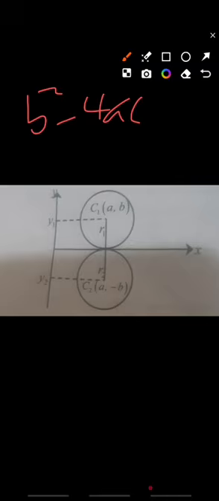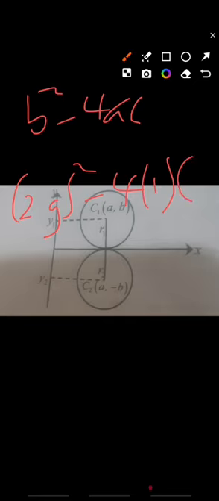From the discriminant, we know that b is equal to 2g, so we have 2g squared minus 4, and we established that a is 1, so 1, and then c is still c because it is contained in both equations. This should be equal to 0 because we are dealing with equal roots.